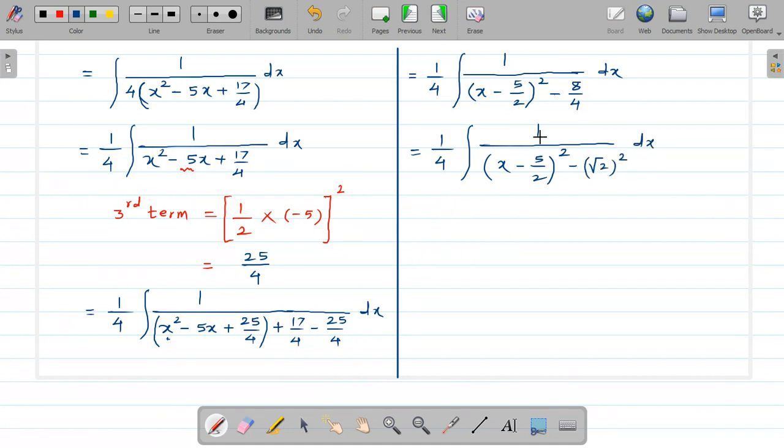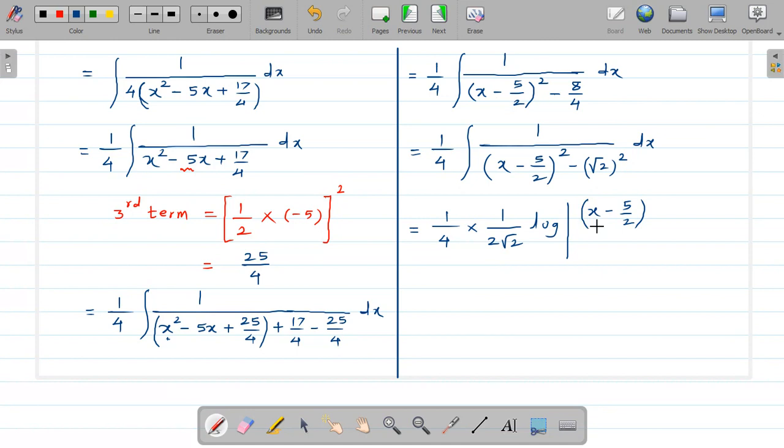Now apply the result. Again it is 1 upon x square minus a square. By that same result we get 1 upon 4 as it is, 1 upon 2a, where a is root 2, into log of modulus of x minus a over x plus a.